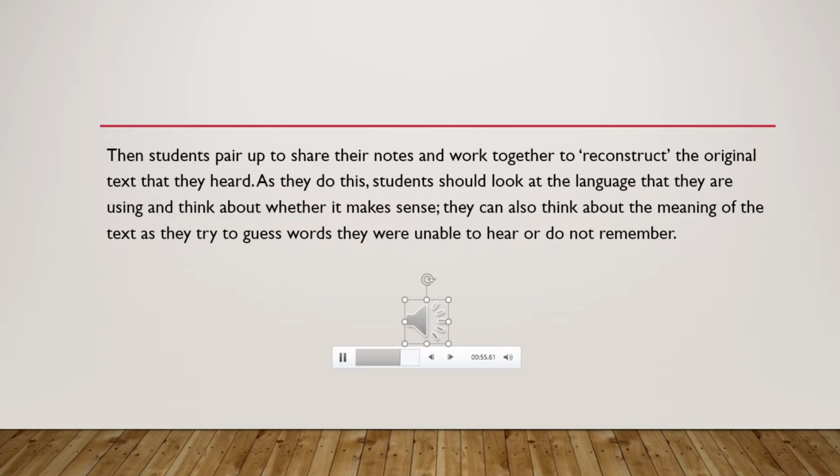And if they don't remember any part of the reading, they can try to guess the words based on the meaning that they remember of the text. And so by doing so, they're practicing their language skills, their skills of listening, writing, reviewing their reading, etc.